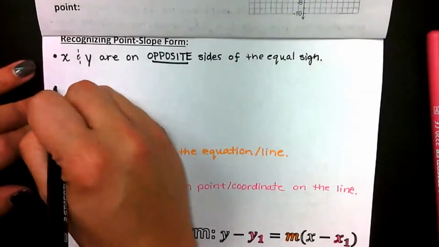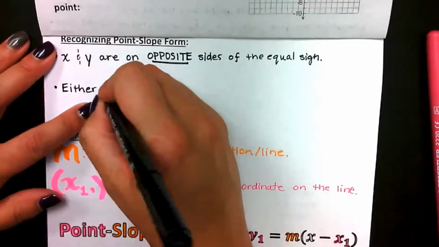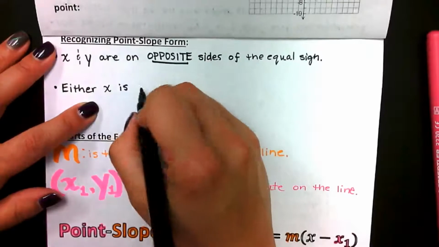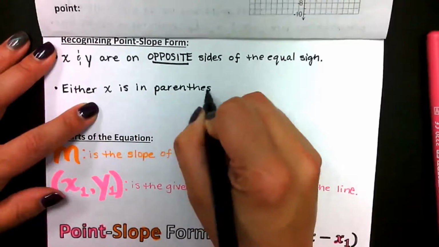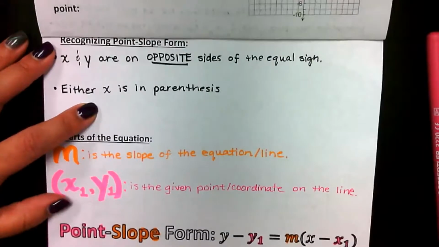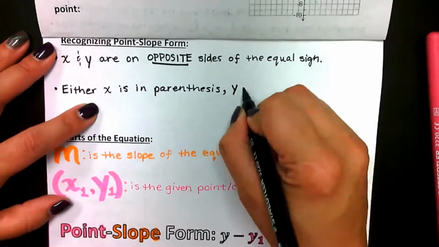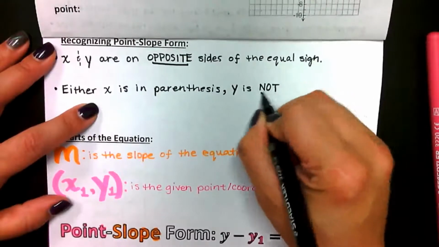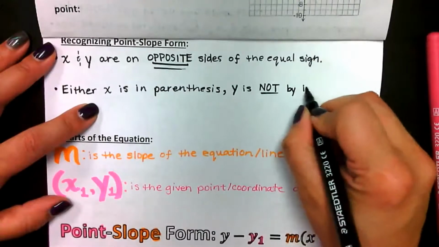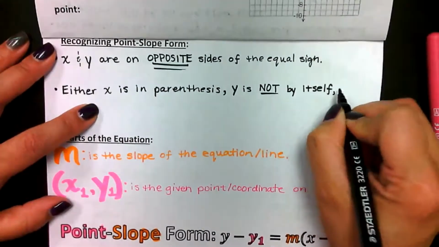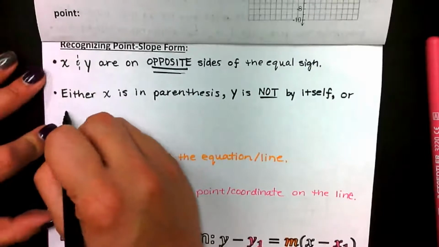Either x is in parentheses, or y is not by itself, or both are happening.